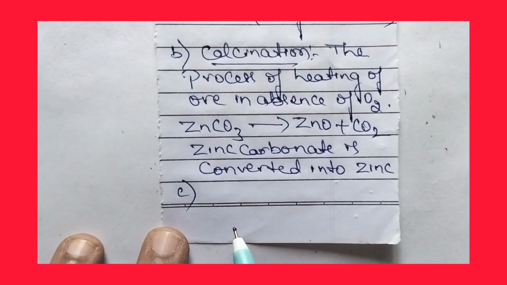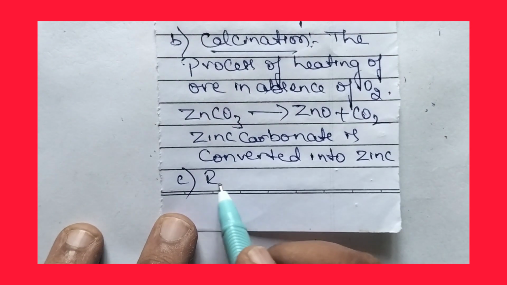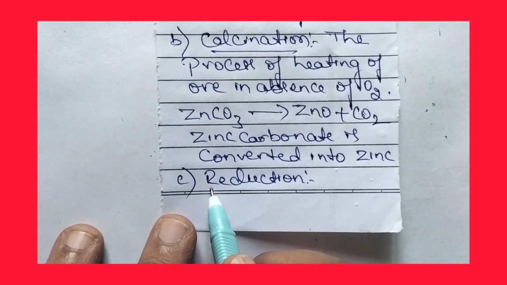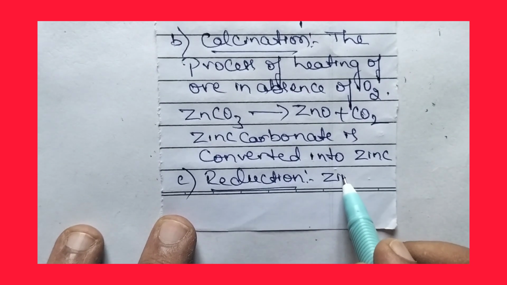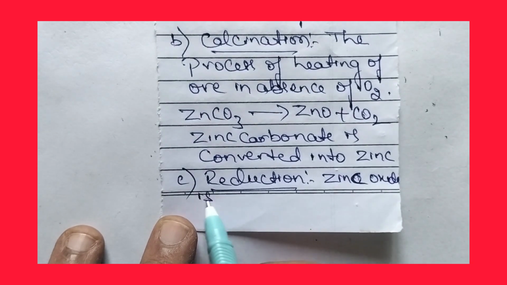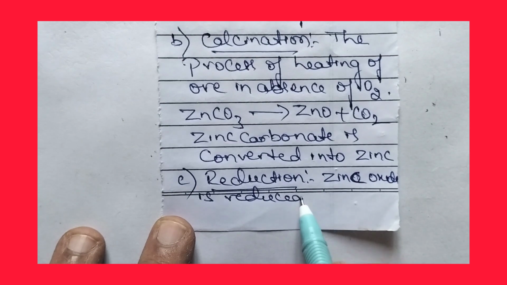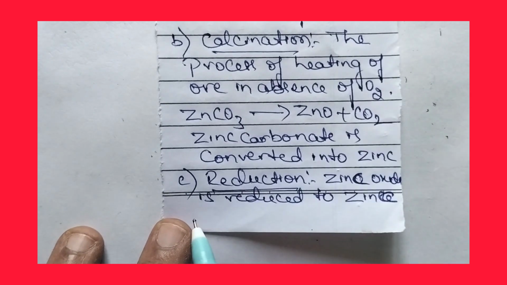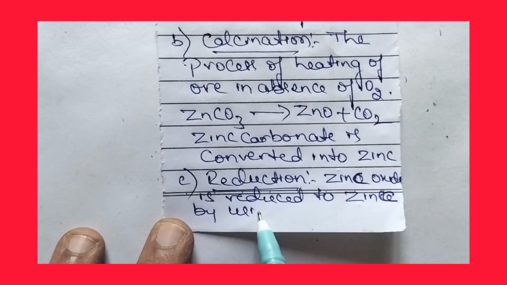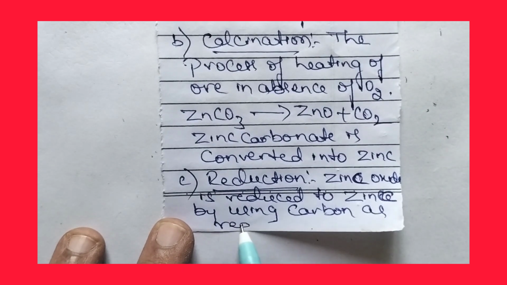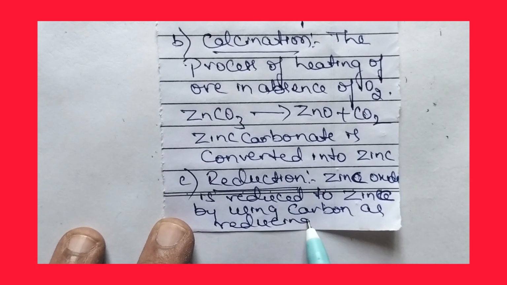Then coming to the third step, what should we do? Reduction. We must do the reduction process, that is, zinc oxide is reduced to zinc by using carbon as reducing agent.